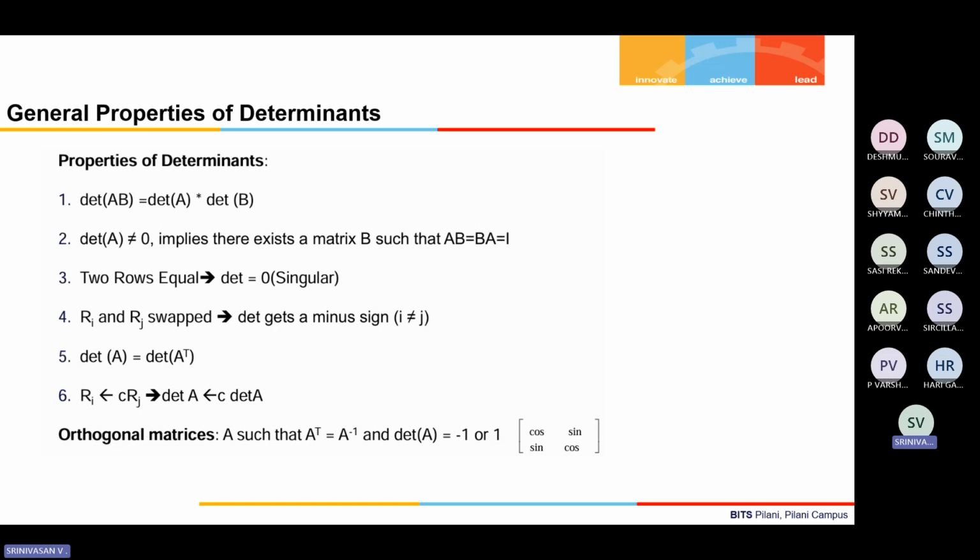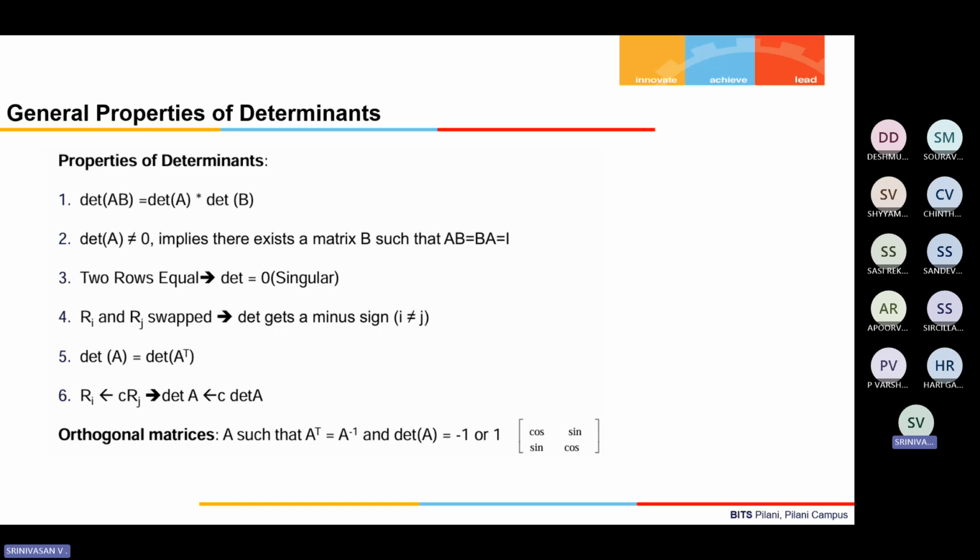Right. Now we will see some more properties here again. Determinant of AB is determinant A into determinant B. Determinant A not equal to 0 means there exists a matrix B such that AB equal to BA equal to I. So B is the inverse of A. Whenever you have a matrix multiplied by its inverse, it should necessarily be equal to I, isn't that so?